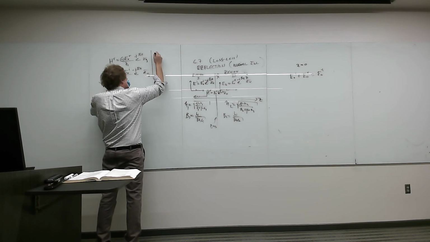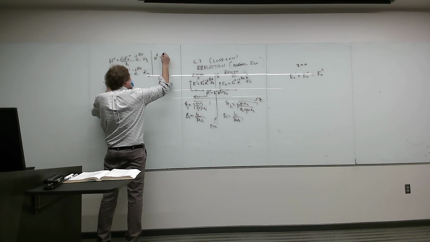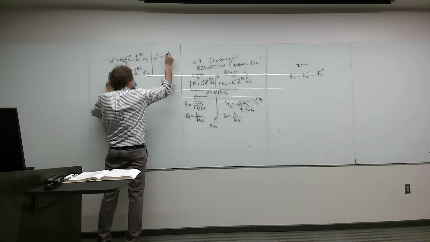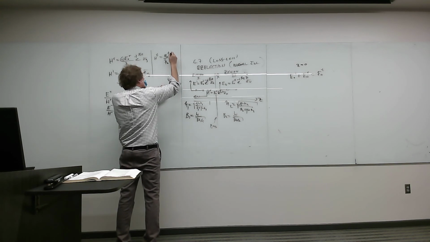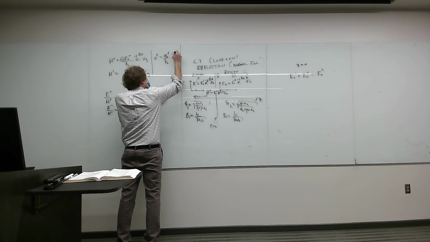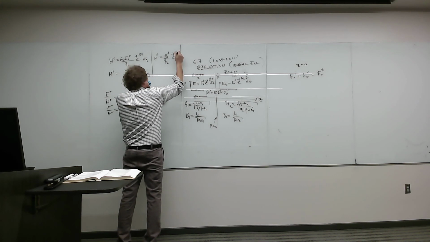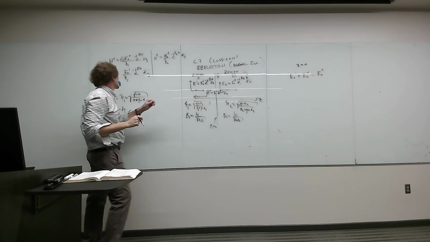You have H transmitted would be equal to E naught transmitted over eta 2, e to the minus j beta 2 z, and it would be in the a y direction.